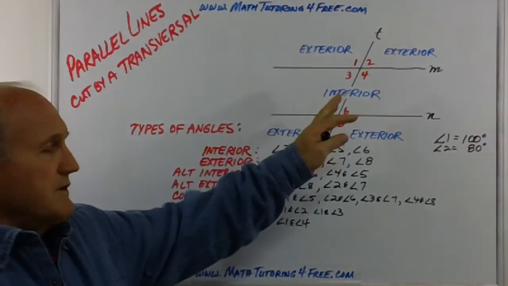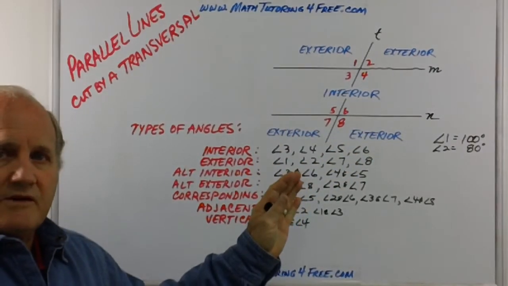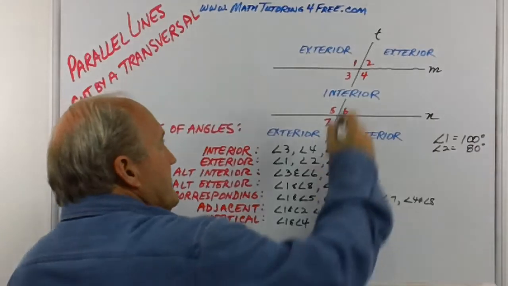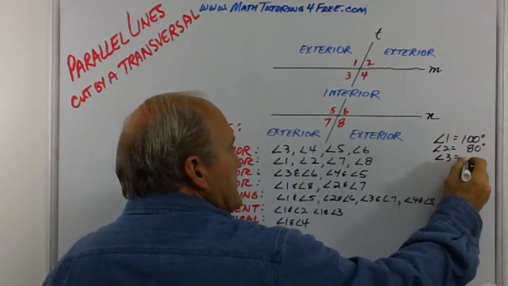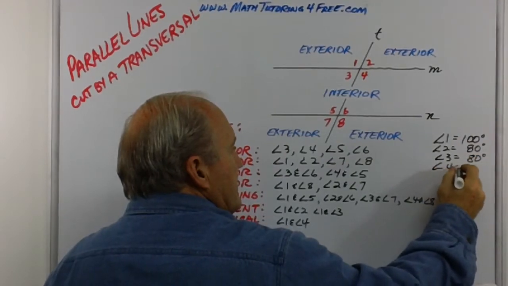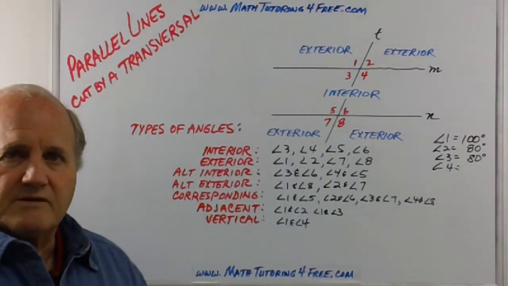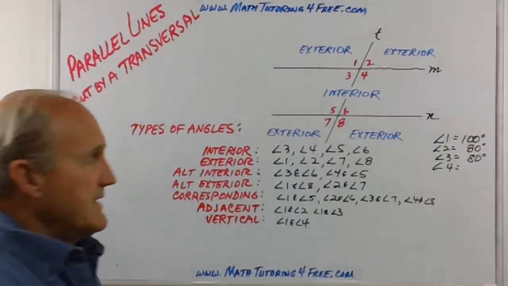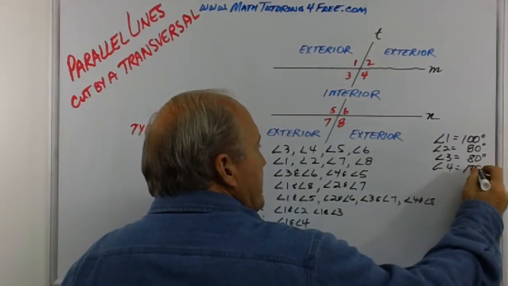Well, if 2 is equal to 80, what is 3? 2 and 3 are vertical angles, and 1 and 3 are supplementary. So either way, we can figure out that 3 must also be 80 degrees. How about angle 4? Angle 4 is vertical to 1, and it's supplementary to 2. It's going to be 100 degrees, isn't it?